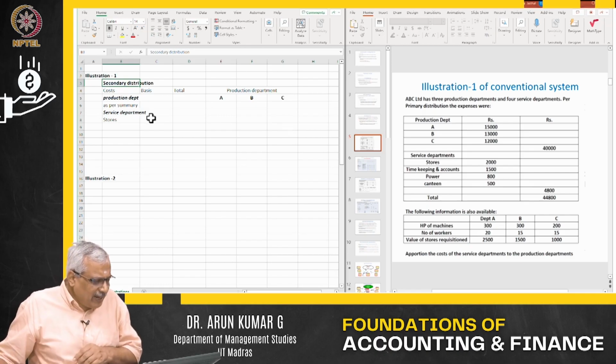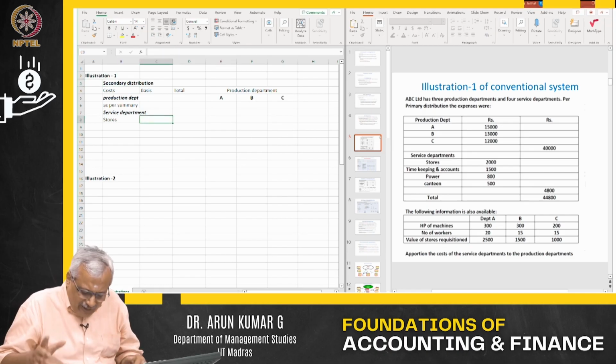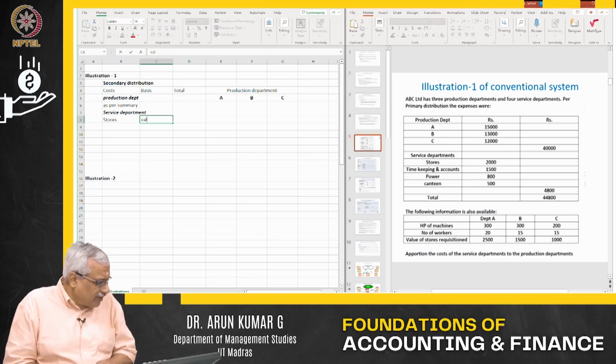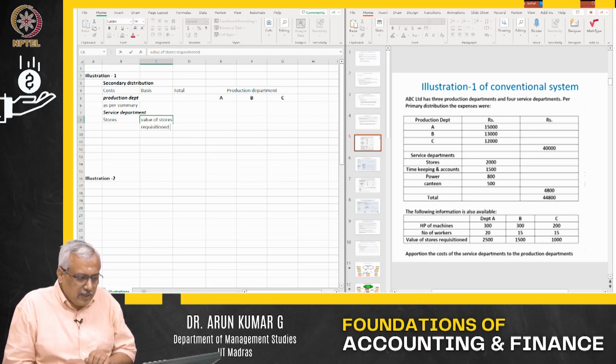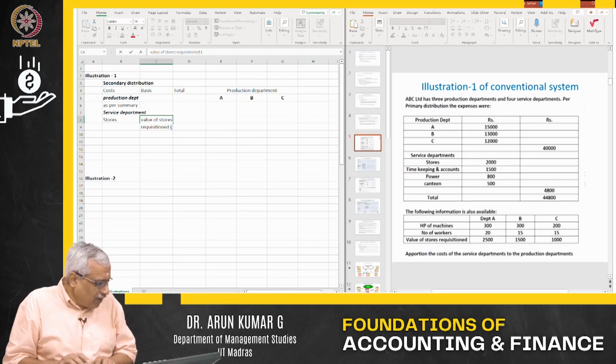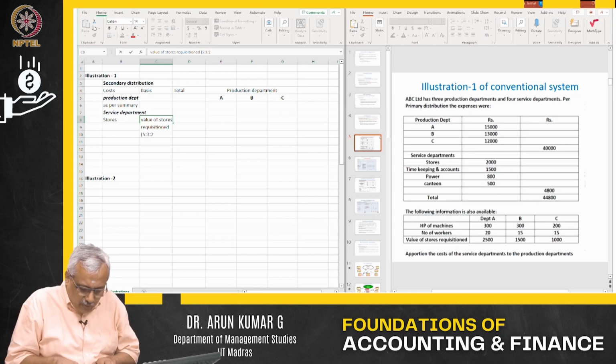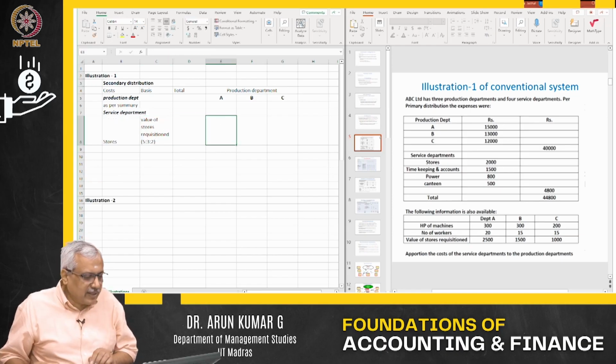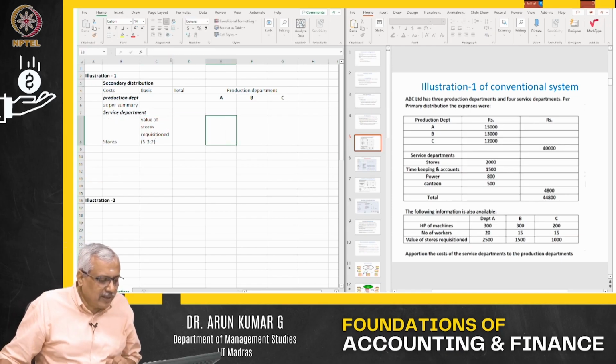So, source department, and how do I allocate the stores? Value of stores requisition, that will be in the ratio of 5:3:2. That is how I am apportioning it.